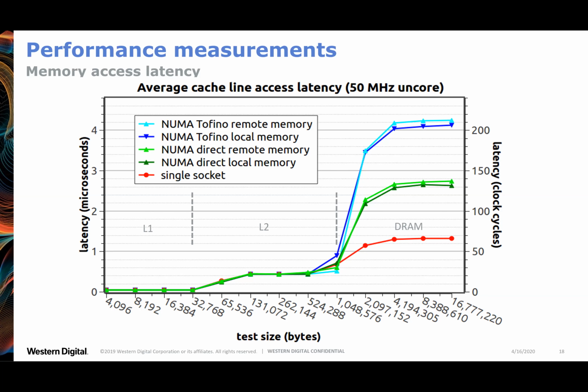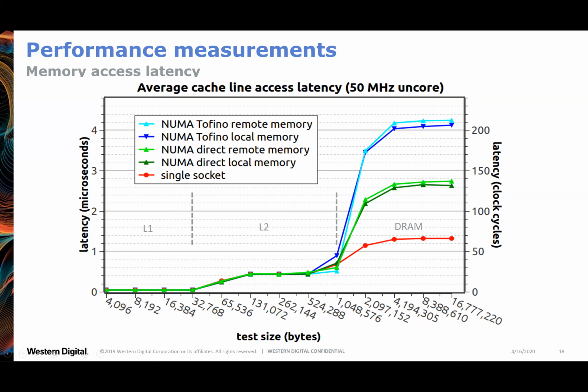So what you see on the left is the L1 region, where every access within a 32K window pretty much hits the L1 cache, so you only see 2 clock cycle L1 latency. And then as you transition to a larger window up to 1 megabyte, you slowly start to hit L2 cache more and more. You see about, I believe, 27, oh sorry, 22 clock cycle latency for L2.